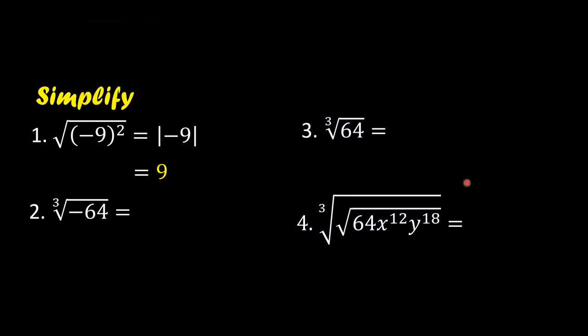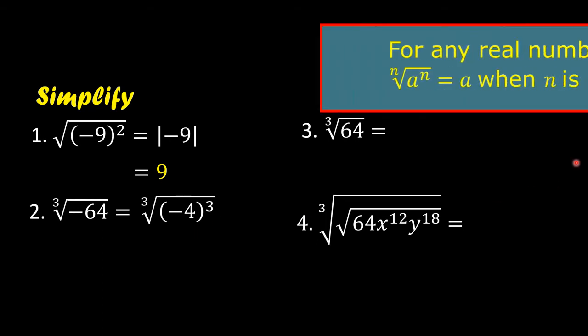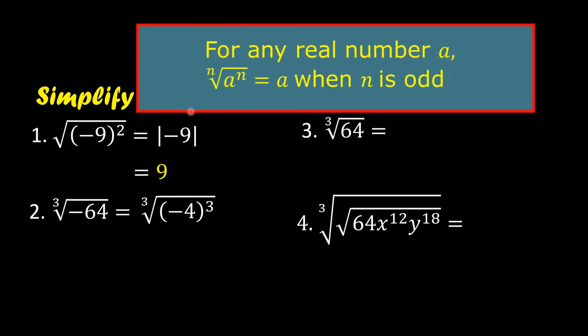Number 2, the cube root of negative 64. This can be written as the cube root of (negative 4) raised to the exponent of 3, because if you multiply negative 4 by itself 3 times, you will get negative 64. To simplify this, use this law of radicals.